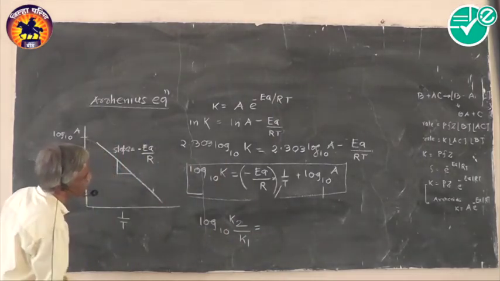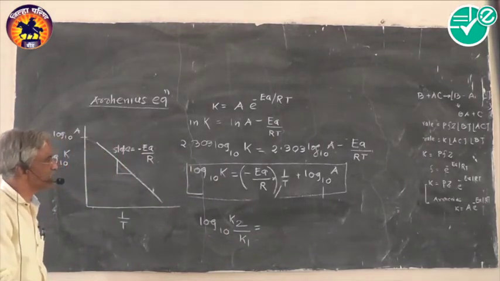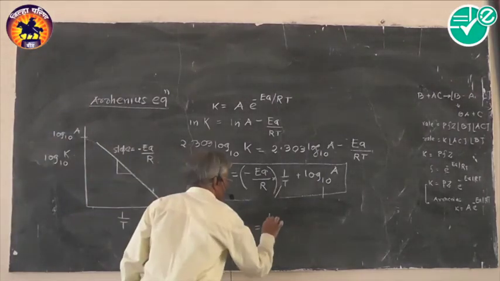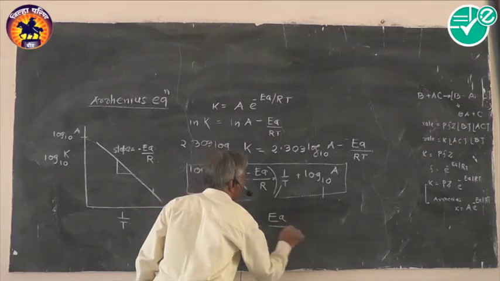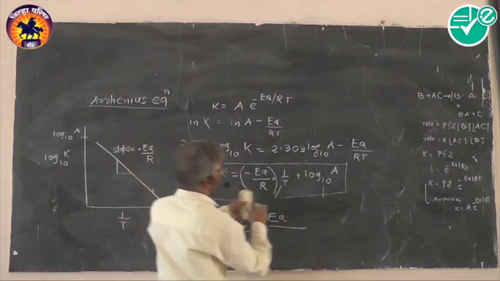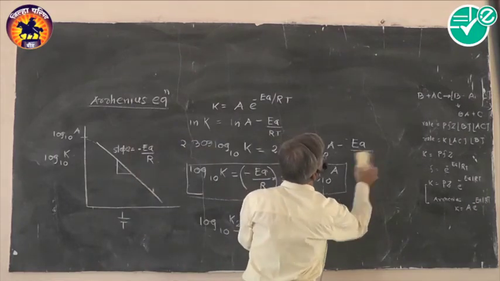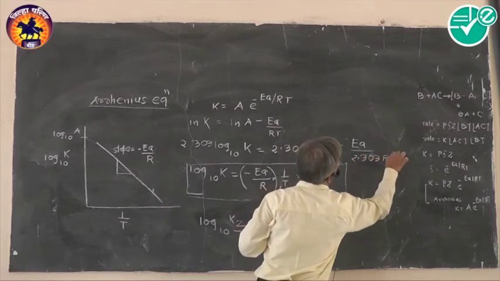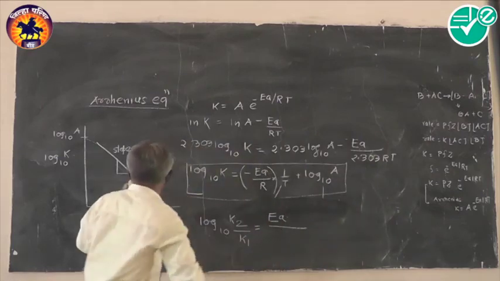Log of A will be cancelled, and we can directly write EA divided by 2.303 RT.